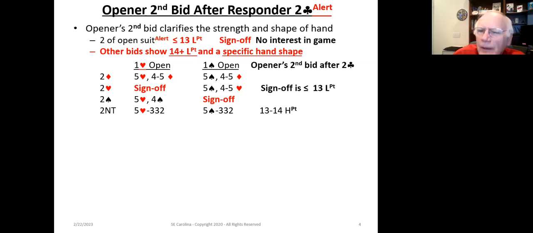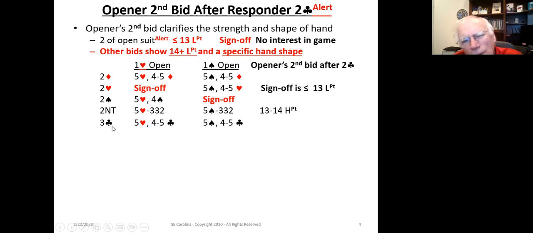And it transfers the decision to the responder to determine whether they should pass and play 2 no trump or go to 3 no trump. Or if they have an unbalanced or a semi-balanced hand, to bid 3 hearts and play the contract in 3 hearts. So this is a mechanism to talk back and forth to describe the hand.